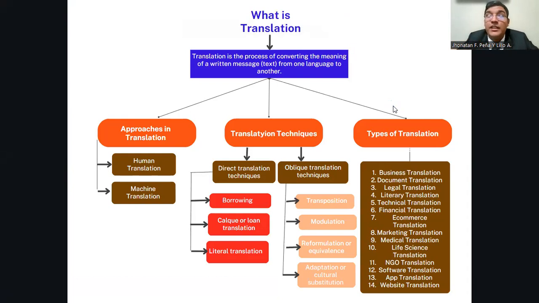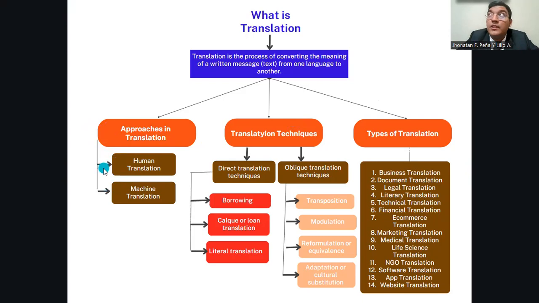For example, it's the process of transferring information from English into Spanish or from Spanish into English. There are two main approaches in the translation process. The first one is human translation, and the second one is machine translation.